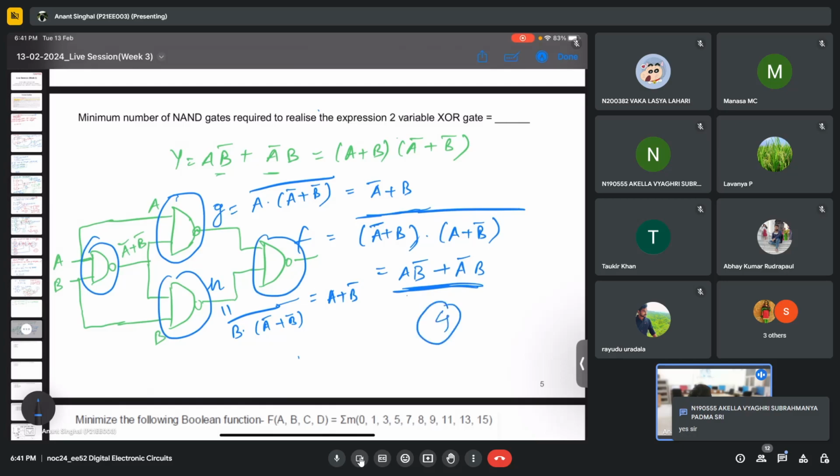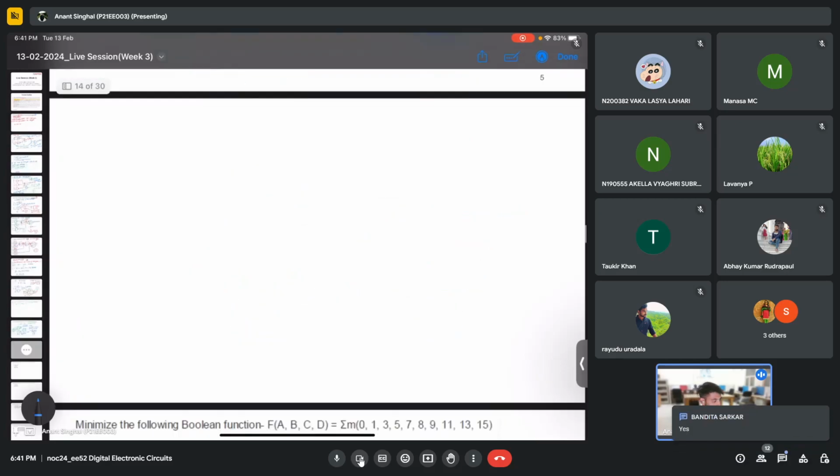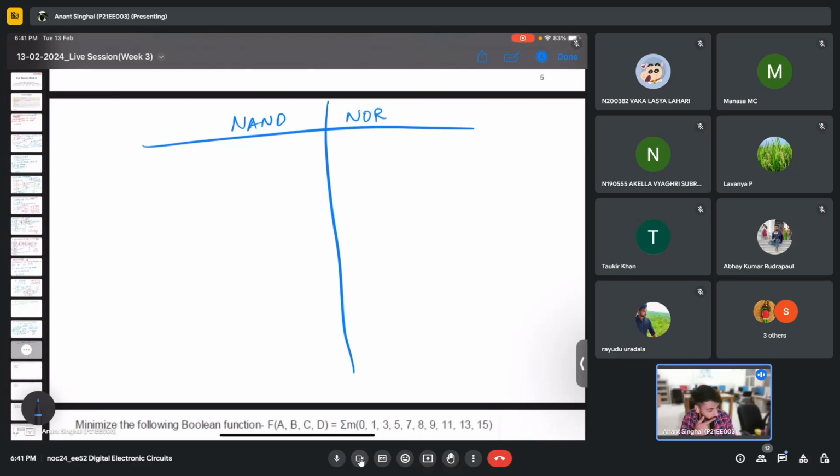So let me quickly give you a table so that you can remember. Let's say the minimum number of NAND and NOR gates, and we have our expressions: NOT, AND, OR, XOR, XNOR, and NAND and NOR.